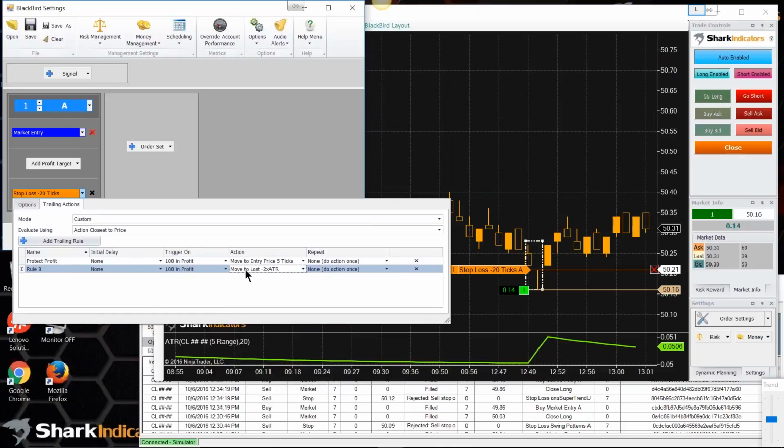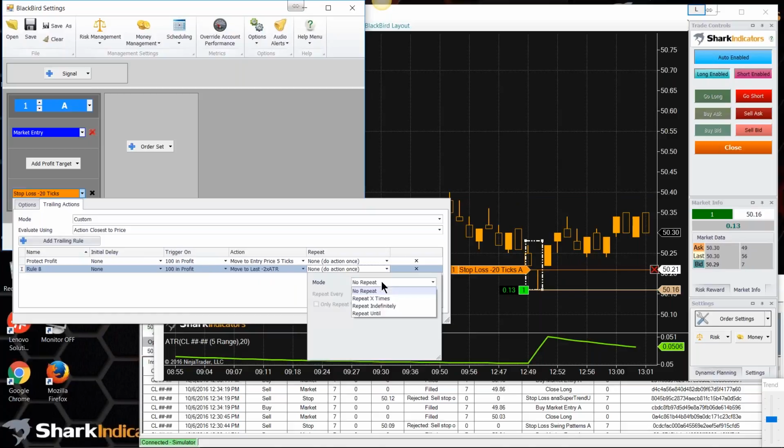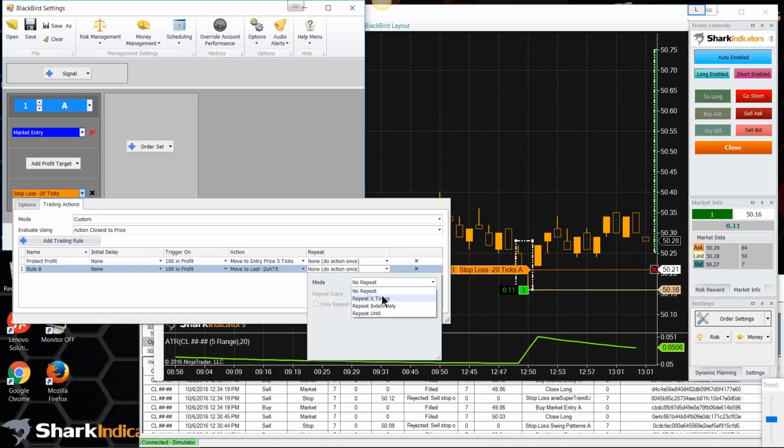Oh, and the repeat. So if we want this to be a trailing 2 ATR, we need to set our repeat, right? So let's set our repeat to indefinitely. And we could have our trailing stop move once per bar, once the bar closes. Or if we want to move in real time, we can look at ticks in direction.